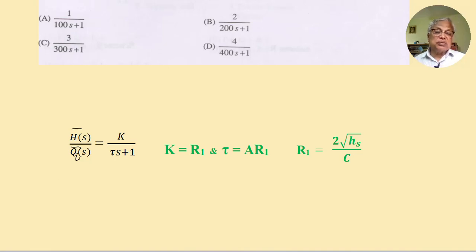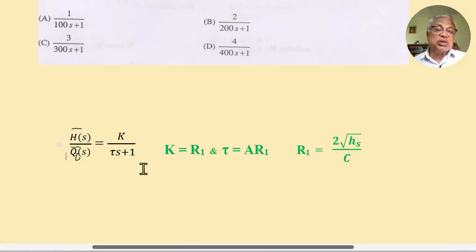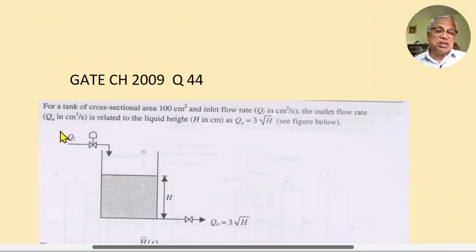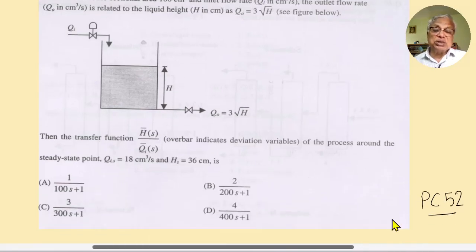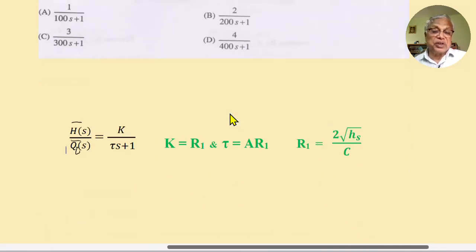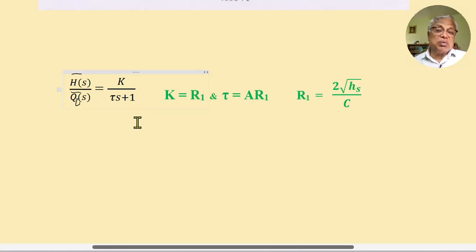QI is the inlet flow rate. That's all, it's a different symbol. GATE papers, different papers may have different symbols for the same type of problems. So I had used in my lecture Q and H. Here they had used QI. So H by QI will be K by tau S plus 1.